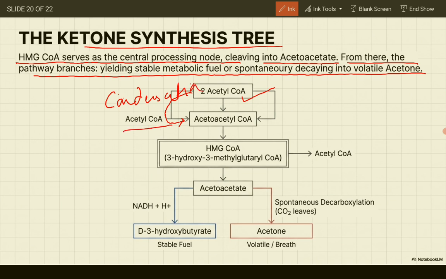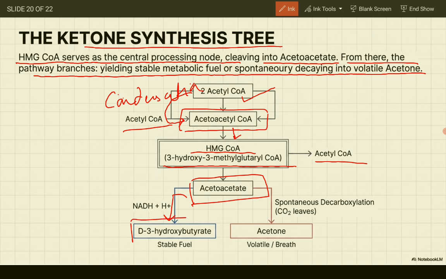reaction with another acetyl-CoA to produce acetoacetyl-CoA. This acetoacetyl-CoA then produces HMG-CoA, 3-hydroxy-3-methylglutaryl-CoA, and thus acetoacetate is produced. This is broken down into D-3-hydroxybutyrate or acetone.